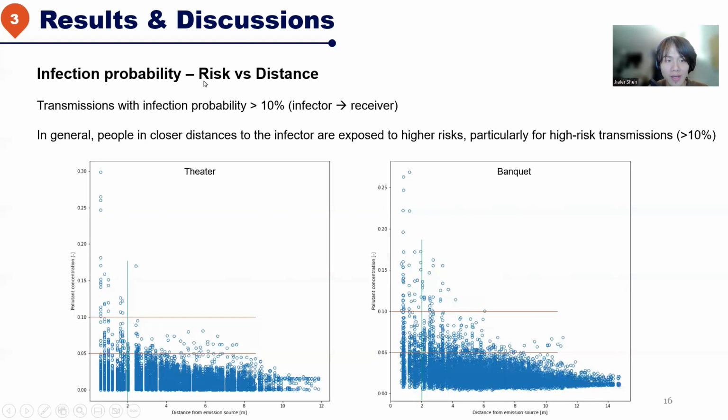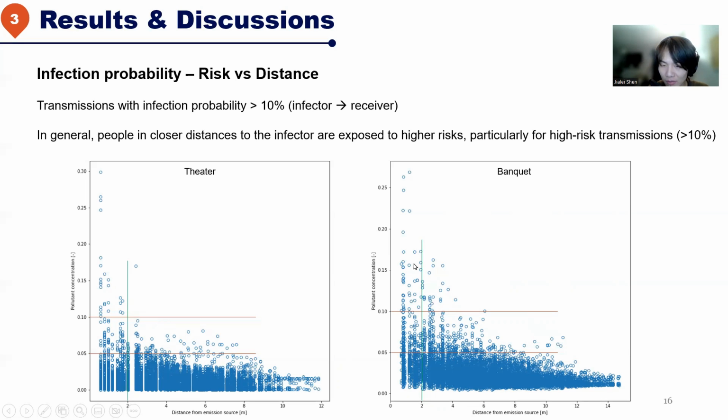At the end, we also want to know the risk versus the distance from the receiver to the infector. We can tell that high risk transmissions are more likely to occur at shorter distances for both banquet and theater scenarios. Another finding is that for the theater scenario, a 2-meter restriction may work well because people who are sitting beyond 2 meters are exposed to smaller risks.